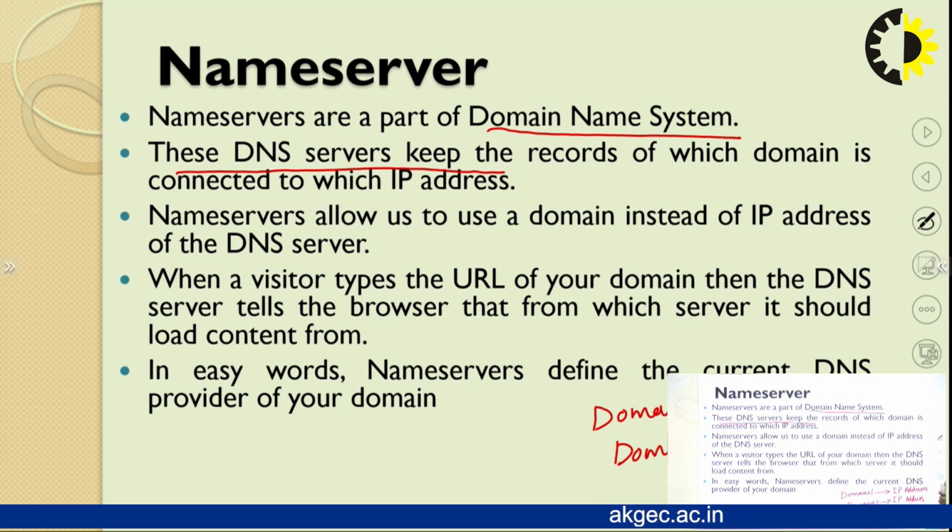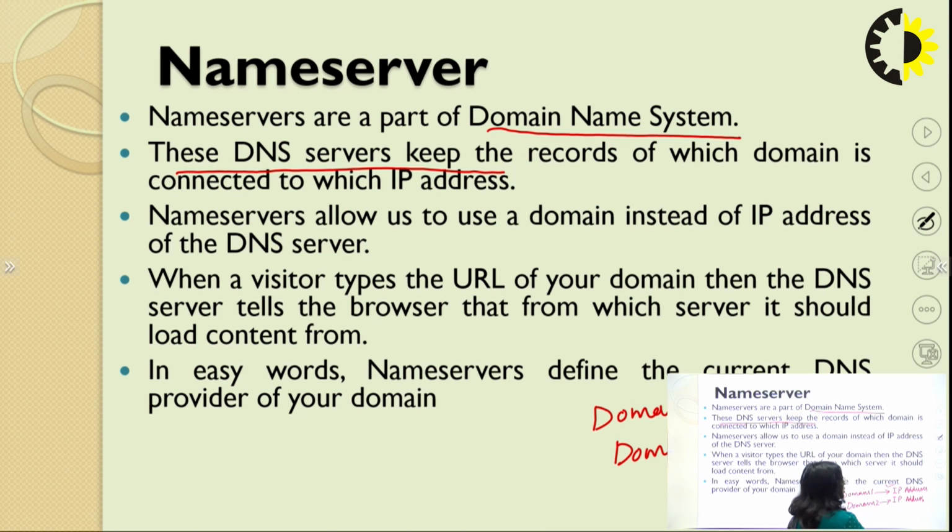So name servers allow us to use a domain instead of the IP address of the server. So you can say www.google.com. This is a domain, and this domain also will be associated with a particular IP address of the server. So the name server basically provides the facility to use a domain name instead of an IP address.